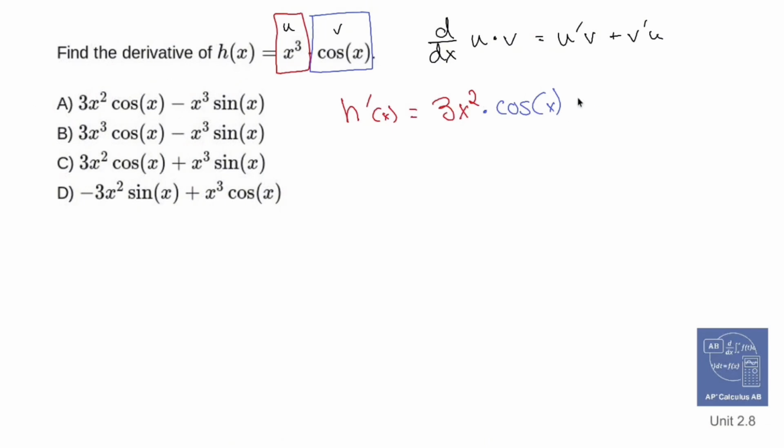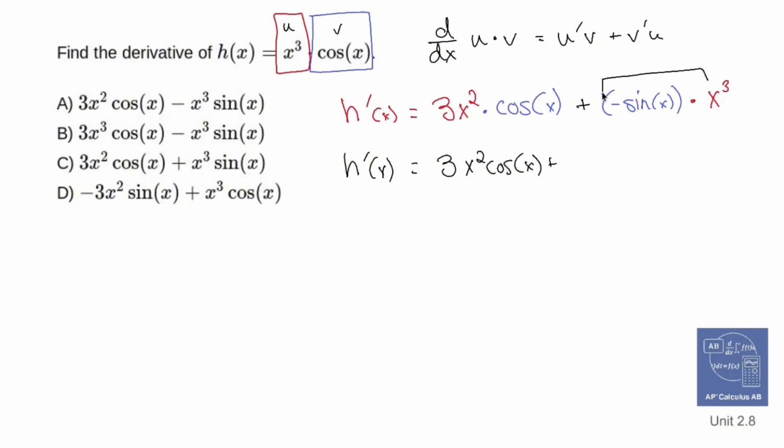Then we add. The derivative of the second guy is going to be the derivative of cosine, which is negative sine x, like so. And then you keep the first guy as is, so times x cubed. And now it's just a matter of cleaning things up. h prime of x is going to equal 3x squared cosine x, and let me move this x cubed to the front and also make this whole thing negative.